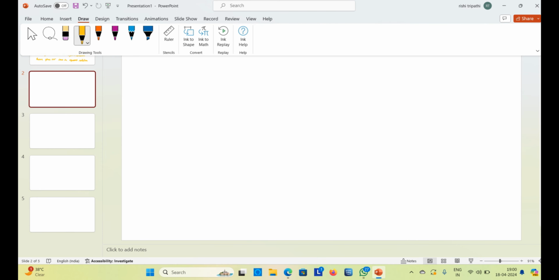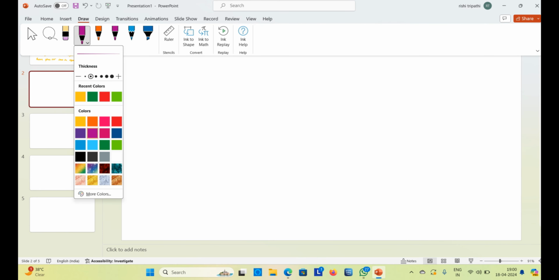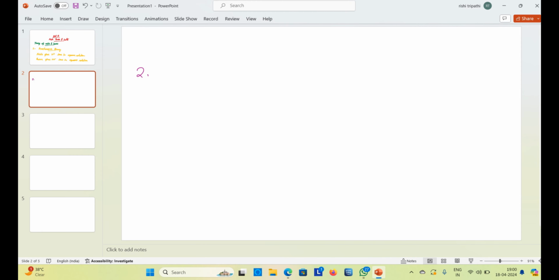Now come to the second one. Second one was the Bronsted-Lowry theory.